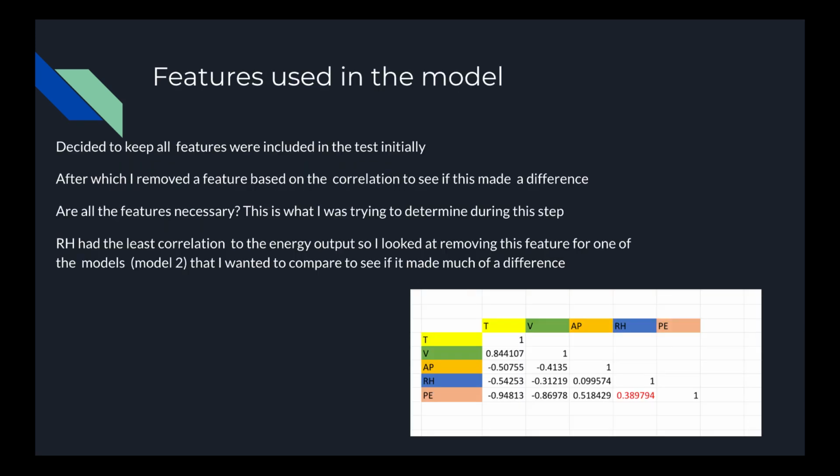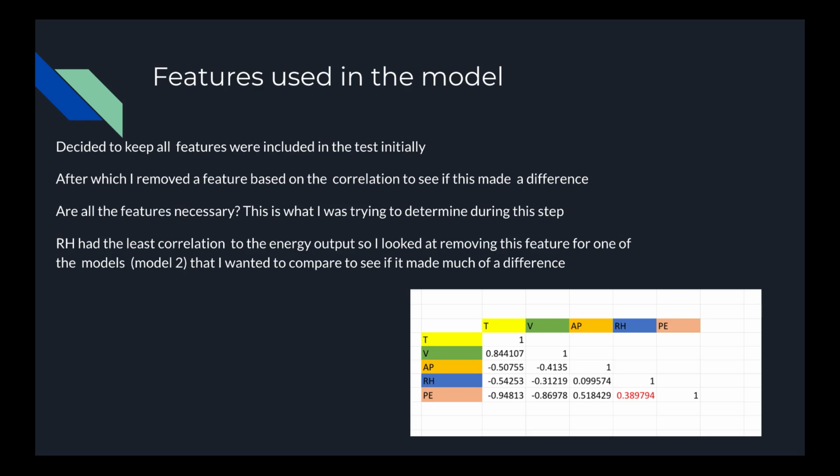Following on, we needed to decide which features we wanted to use in the model. In the first model, we decided that we would keep all the features and test all the features initially. So that included temperature, exhaust vacuum, ambient pressure, and relative humidity to help predict the energy.